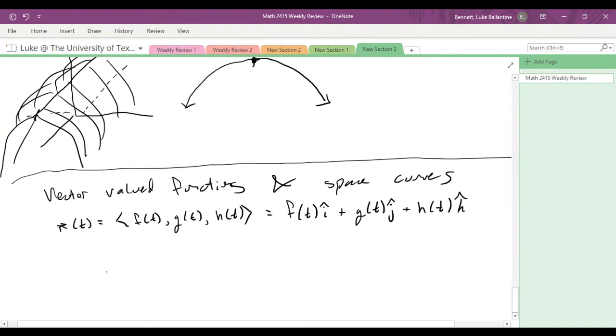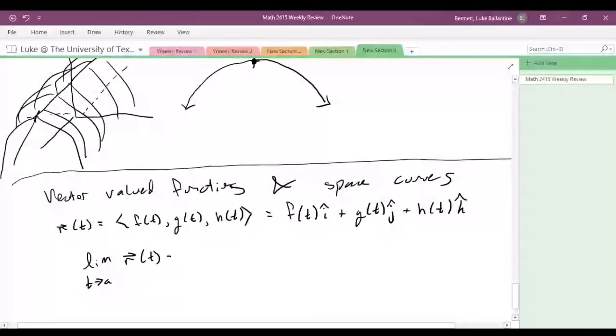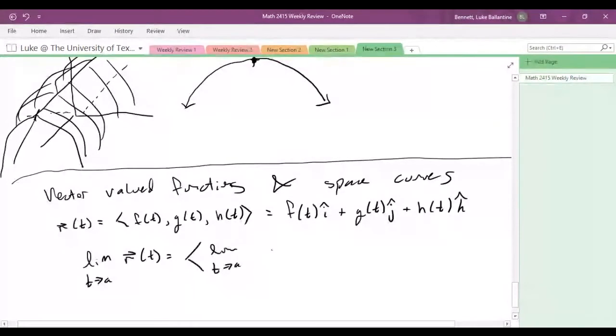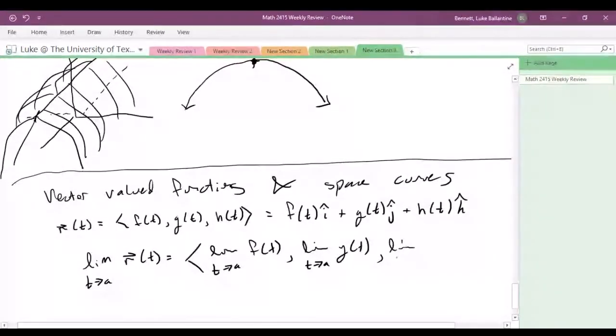If we have the limit as t approaches a of r of t, this is equal to the limit as t approaches a of f of t, the limit as t approaches a of g of t, and the limit as t approaches a of h of t.